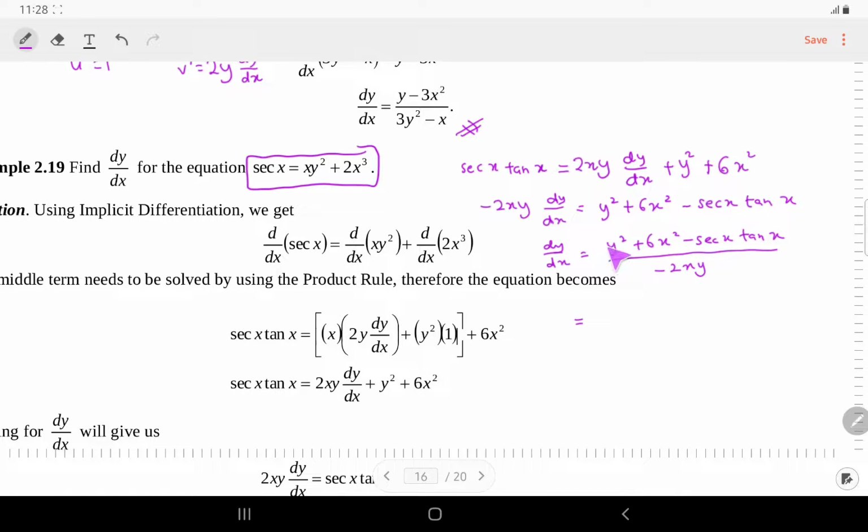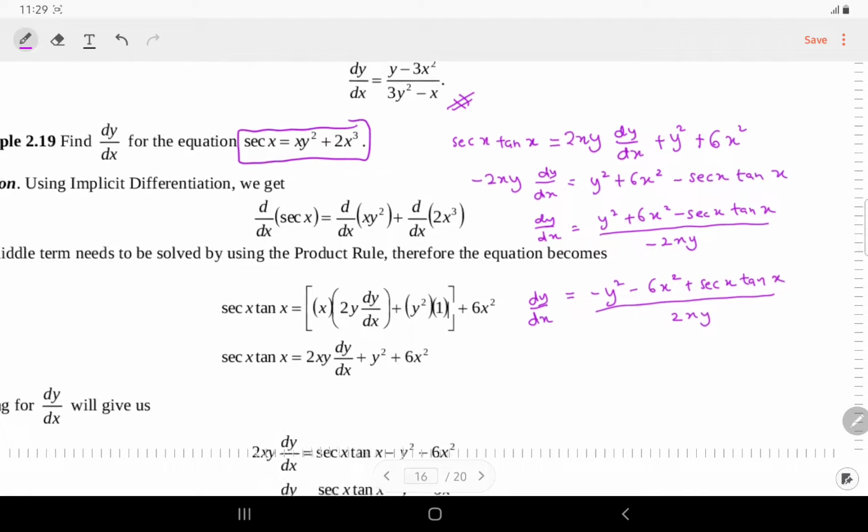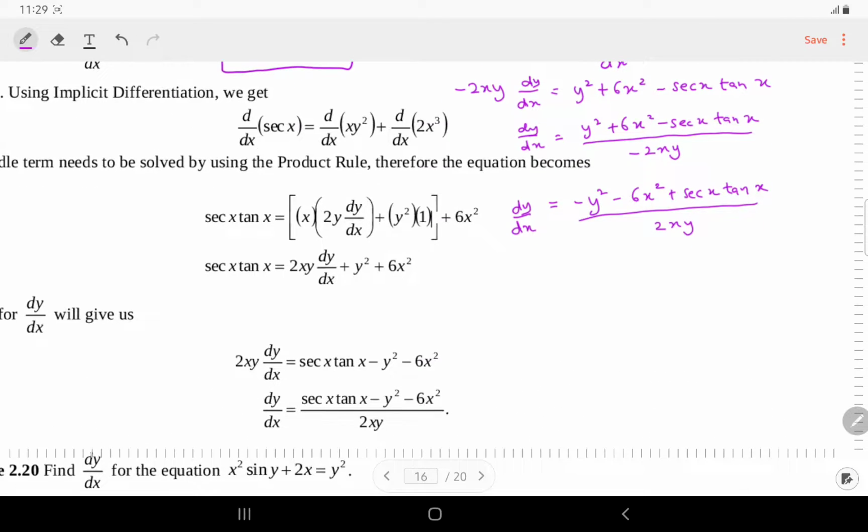All the positives become negative and all the negatives become positive. So our dy over dx equals negative y squared minus 6x squared plus secant x tangent x, divided by 2xy. Check with the answer here, so we get the same answer.